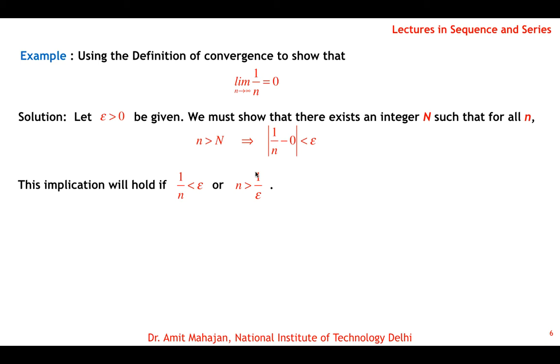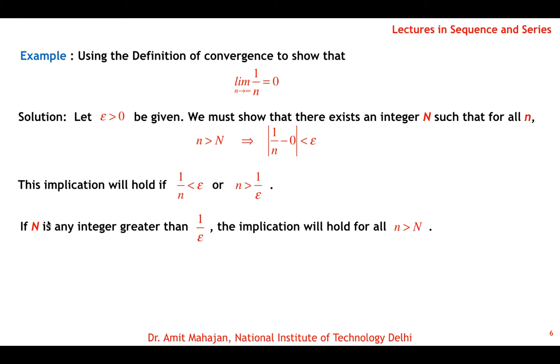So if we choose the capital N to be an integer which is greater than 1 by epsilon, then both these conditions will be automatically satisfied. So if N is any integer greater than 1 by epsilon, the implication will hold for all n greater than N. And this proves that limit n tends to infinity of 1 by n equals 0.